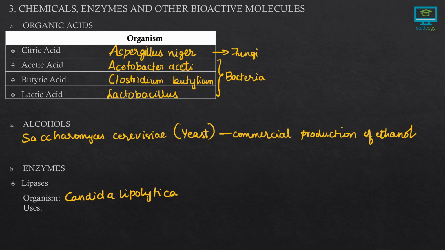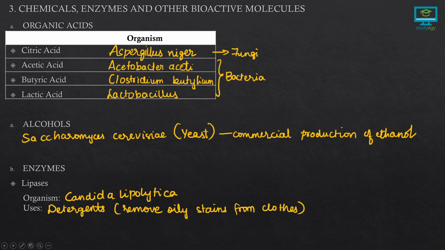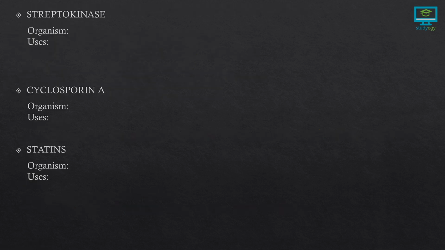The use of lipase is usually in detergents which remove oily stains from clothes. So lipases are those substances which we use to remove oily stains from the laundry. So this is all about lipase.